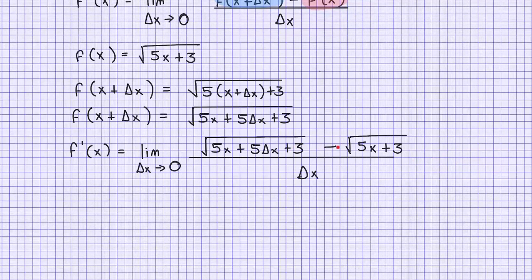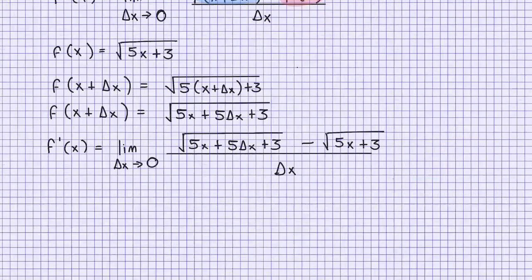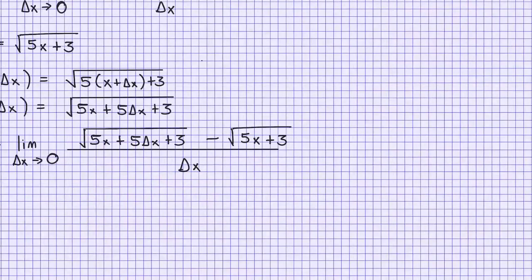Whenever you have these types of problems with radicals, we're going to apply something that we did in the first or second partial, where we had to eliminate radicals from the denominator. So the idea is to multiply by a number that will remove these radicals.